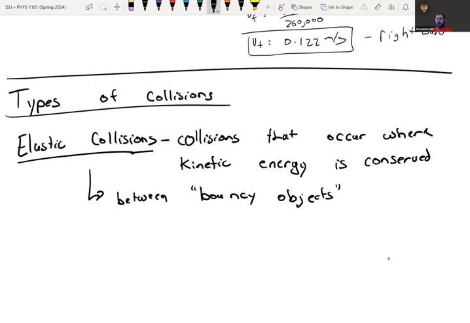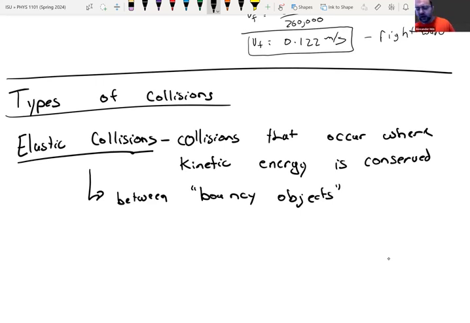There is so little kinetic energy lost that we treat them as elastic collisions. When we look at air molecules bouncing off the side of a container, we treat them as elastic because they don't lose much of their speed. So that's something to keep in mind.